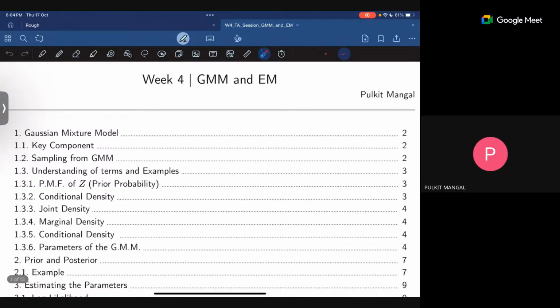In our last session, we have seen the general estimation techniques, the MLE, maximum likelihood estimator, and the Bayesian estimation, for general distributions like Bernoulli, Gaussian, uniform, normal. We will do almost the same thing today, but now we will see a different type of distribution, that is the mixture model.